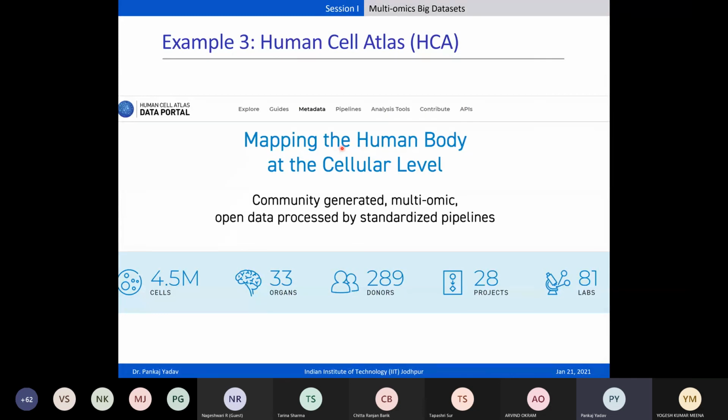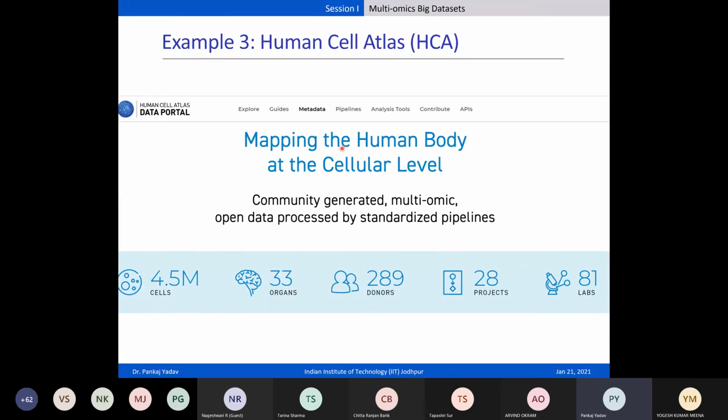Within a given tissue, which is comprised of cells of the same type, the cells still have different expression profiles, so they differ from each other.